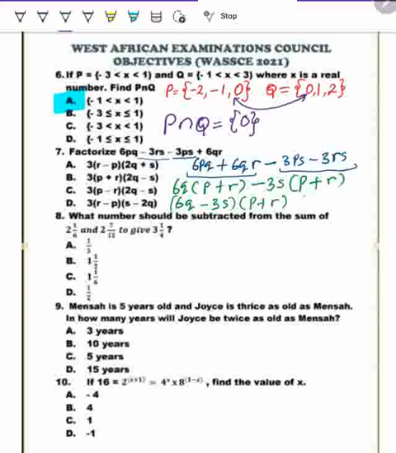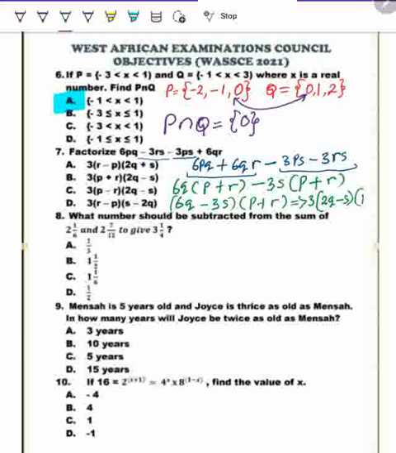So we note that 6q and 3s have a common factor, which is 3, so we can just factor out 3. If we factor out 3, 6q divided by 3, we're going to have 2q, minus 3s divided by 3, we're going to have s.